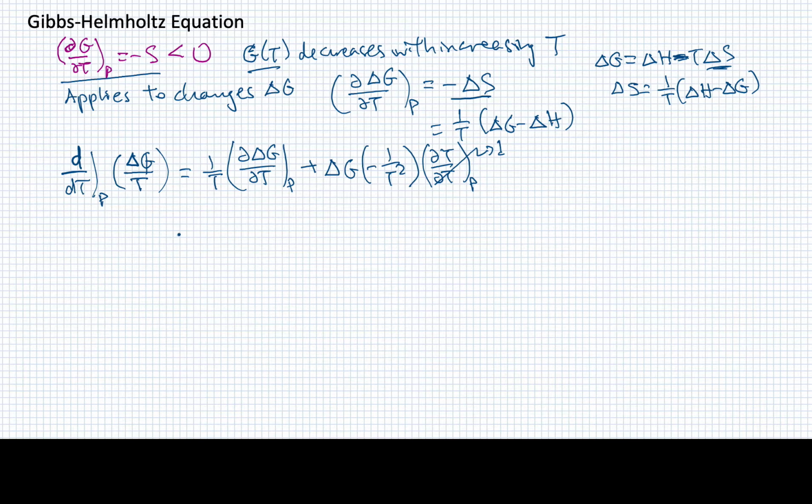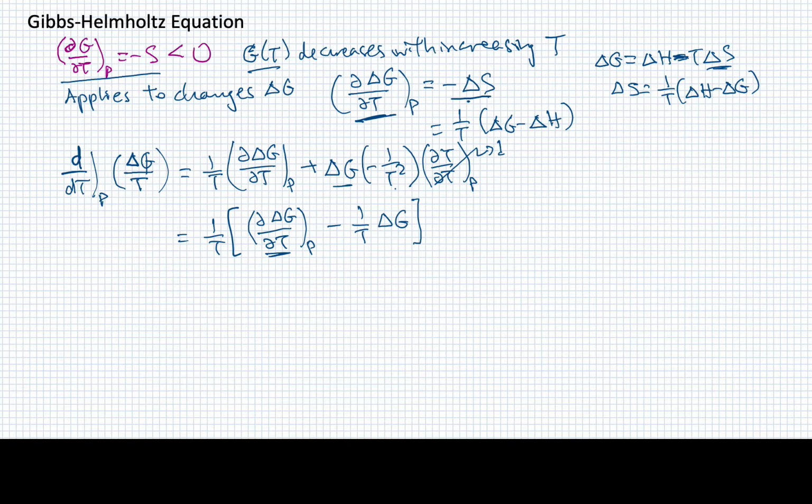All right, now if I clean this up a little bit, it'll be equal to 1 over T outside, times this derivative, d delta G with respect to temperature at constant pressure, minus another factor of 1 over T times delta G. Okay, and this was just 1. Now this quantity here is given up here.